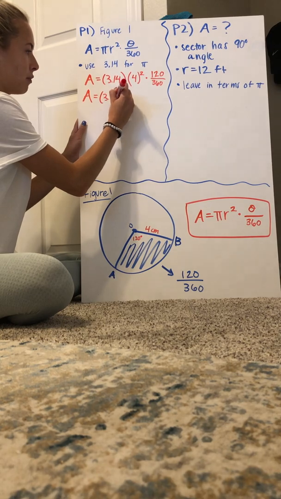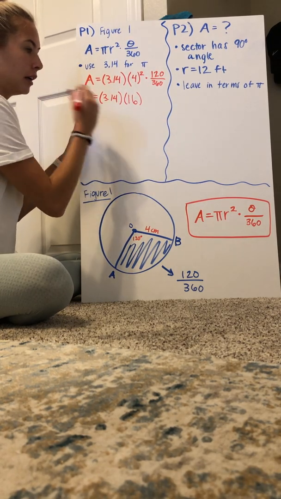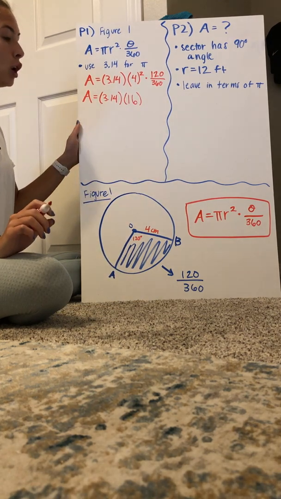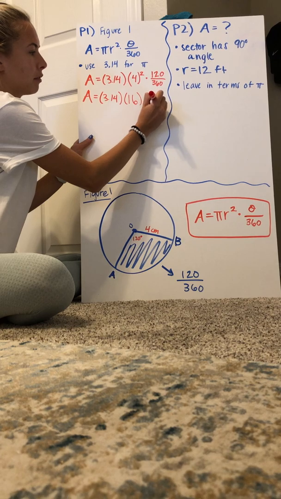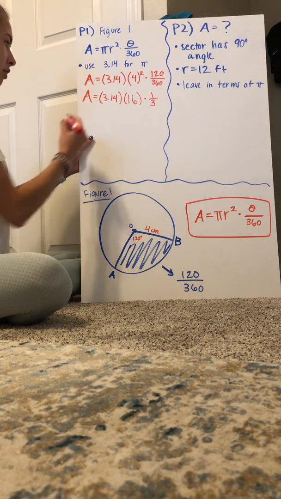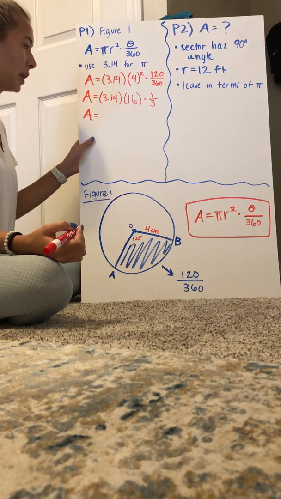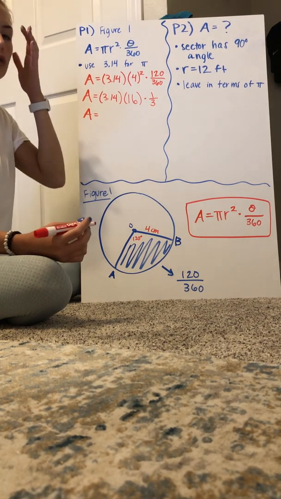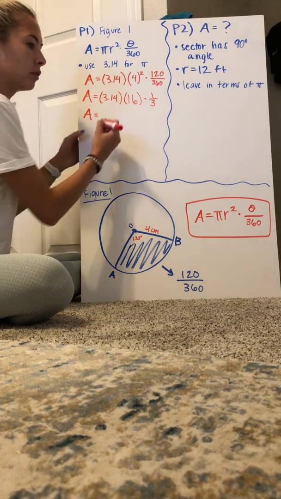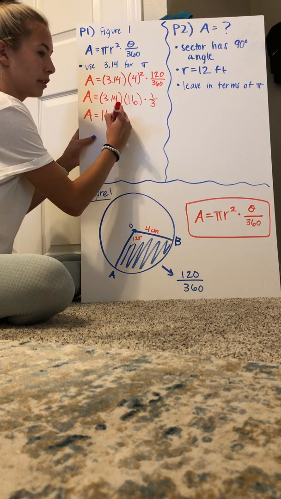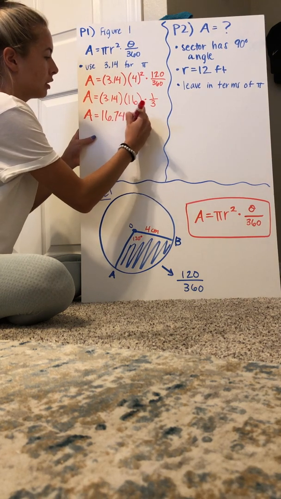So we have 3.14 times 16, and 120 over 360 simplifies to 1/3. Now we're going to multiply things out. You can use a calculator, whatever you would like to do. We get a final answer of 16.7466.